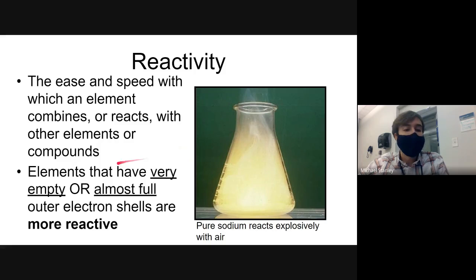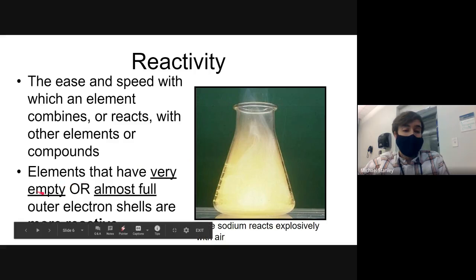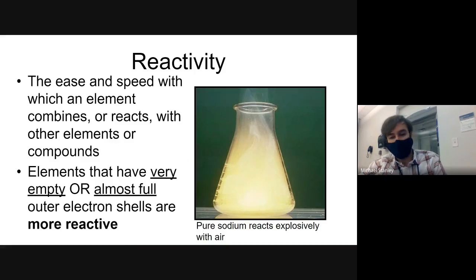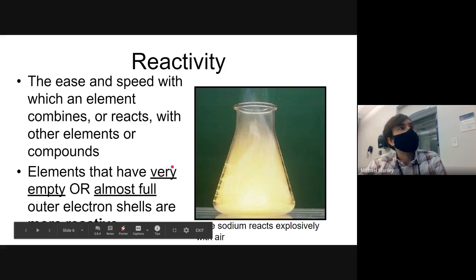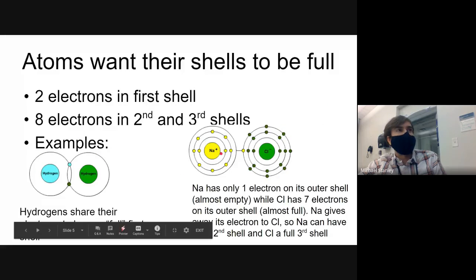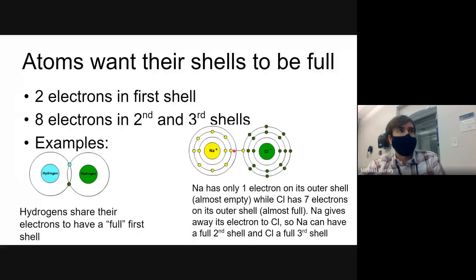All right. So some atoms, some elements, one of their chemical properties is that they are very reactive. Specifically, elements that are very empty or almost full in their outer shells are the more reactive elements. Sodium, for example, has an almost empty outer shell.